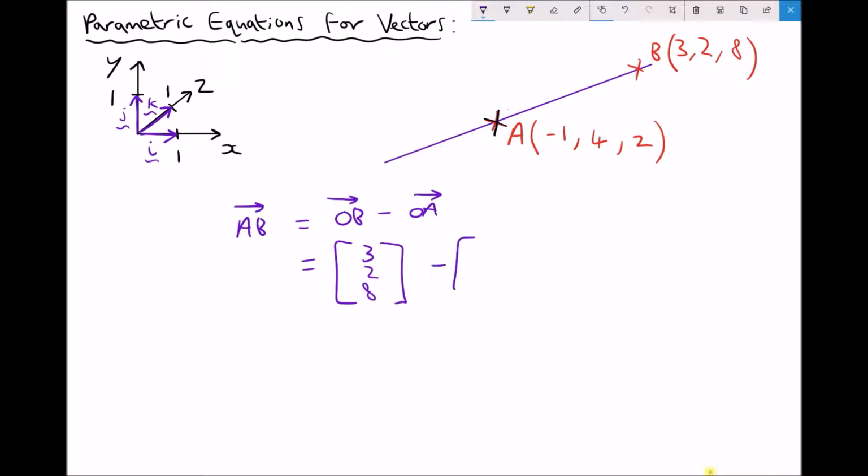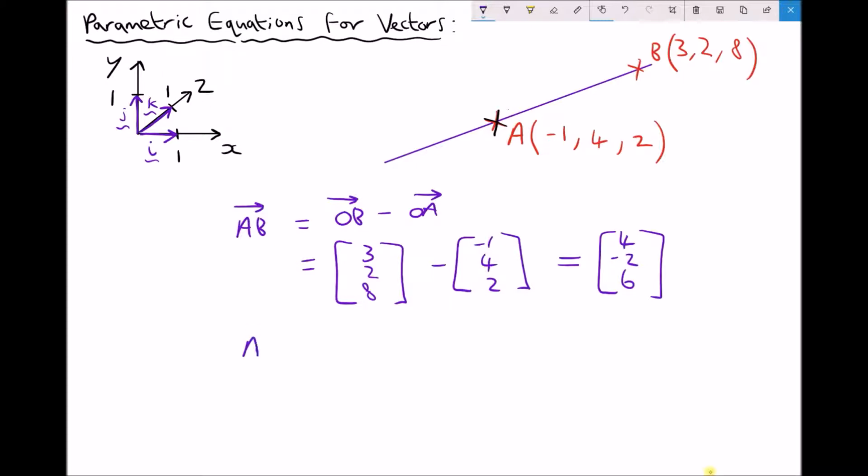And our vector OA is -1, 4, 2. Therefore, our vector AB is 3 minus minus 1, which is 4. 2 minus 4 is minus 2. And 8 minus 2 is 6.